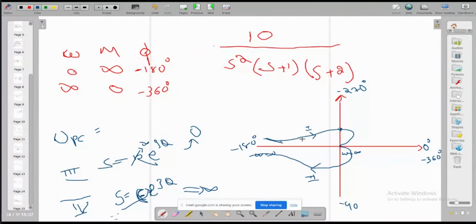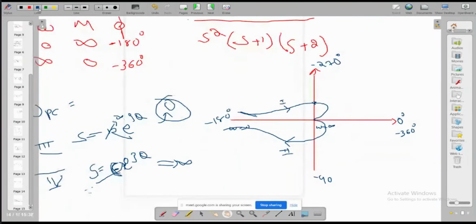Path number 3 you won't get for this case. And for path number 4 the magnitude is infinity and the direction is from plus pi to minus pi. So your plus pi is in this direction, minus pi is in this direction.